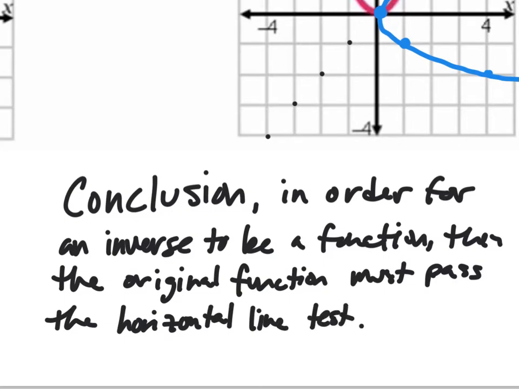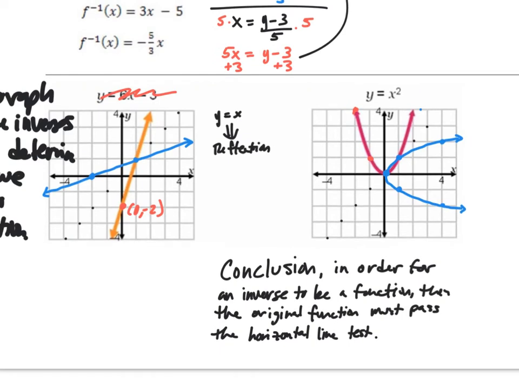Now, what I mean by that, let's just talk about that. Let me draw a line here real quick. And I'm going to take this line, and what I notice is that if I take this line on my original function, in this case my orange function, it passes the horizontal line test.